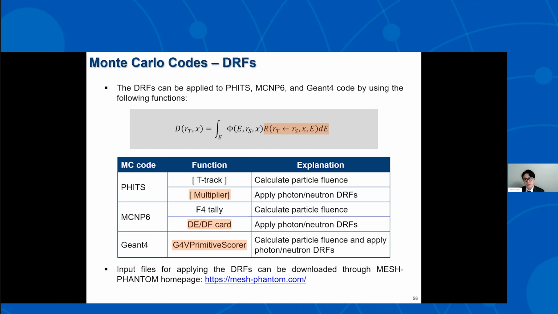And for the Geant4, all these modifications can be made in the G4 primitive scorer class. It can be difficult to use these methods at the first time, so we also provide the input examples for those response functions on the Mesh Phantom website, and I think it'll be very helpful.